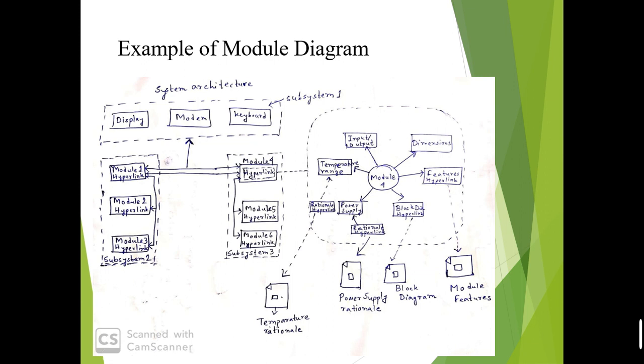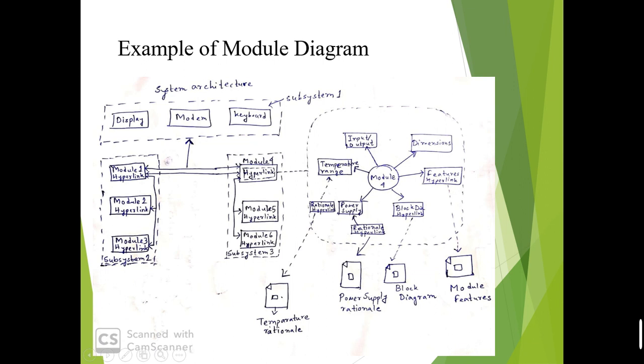If you click on any hyperlink, you can get the entire structure of the subsystem, which is embedded in the form of module here in subsystem 3. If you just click this hyperlink, you can get the entire idea of the module 4, which is described in a very broad way.